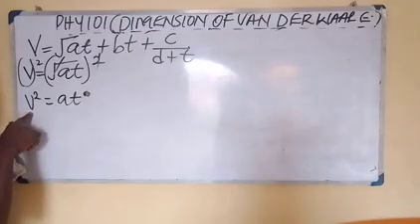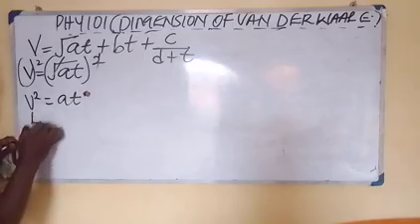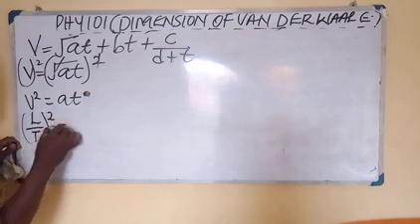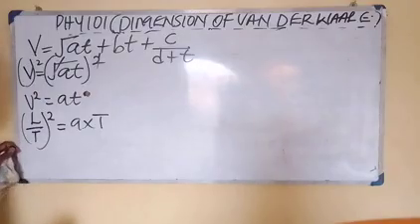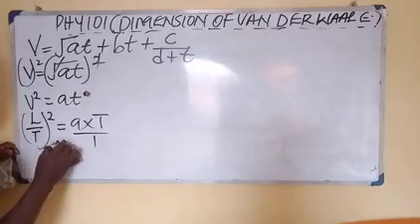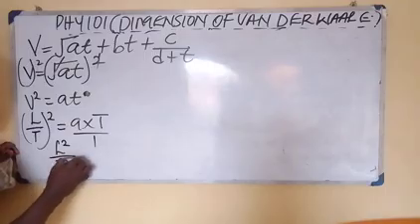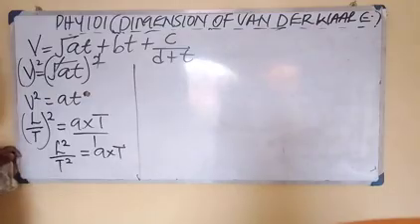Now this V represents velocity and not volume. Velocity is L over T, all raised to power 2, equal to A times big letter T, because we are talking of dimension. Okay, so over 1. So this expression becomes L squared T squared equal to what? A times T. True or false? True.